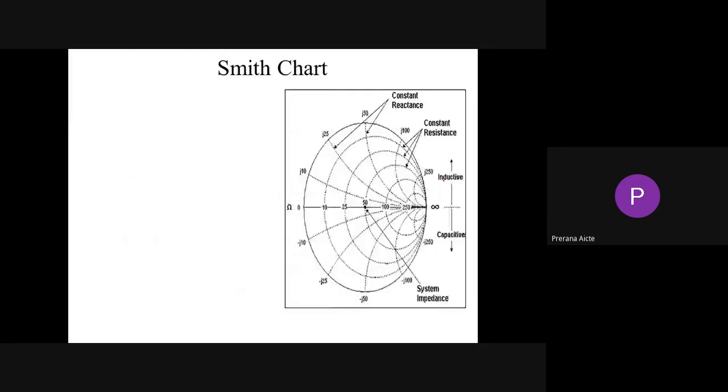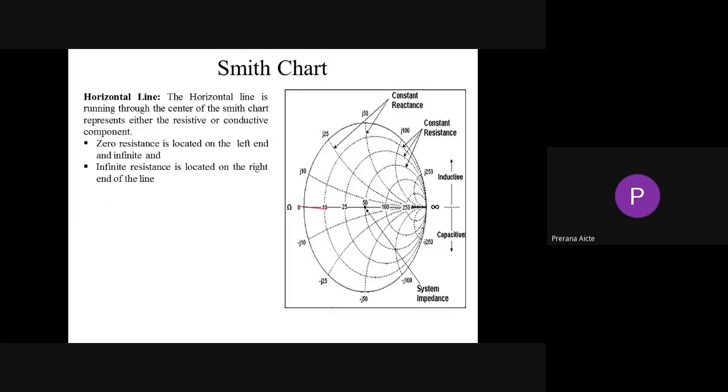Now, how to draw the Smith chart, while finding out the impedances, admittances, capacitor components and inductor components. Here in this Smith chart, there are three different kinds of lines.